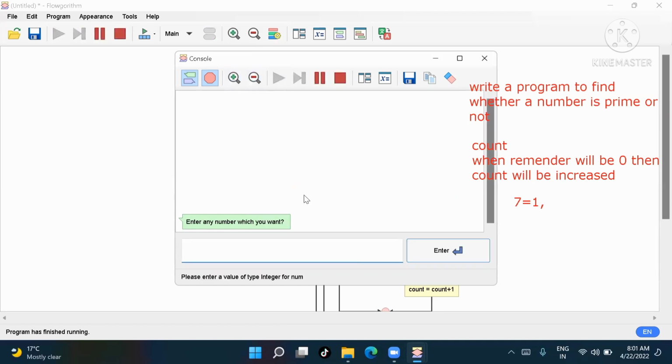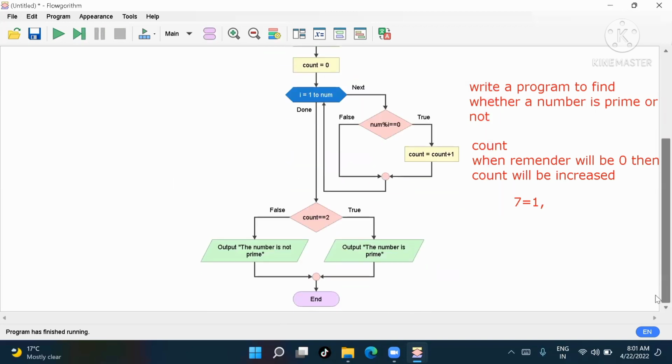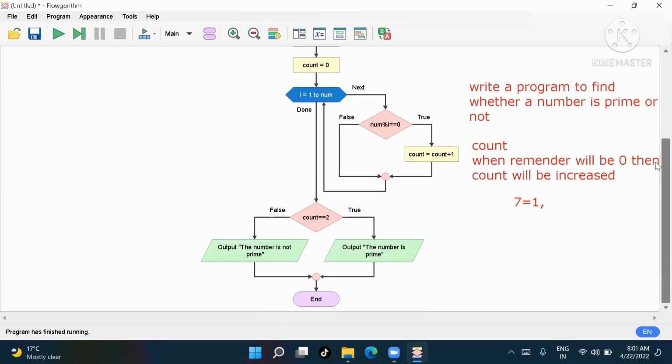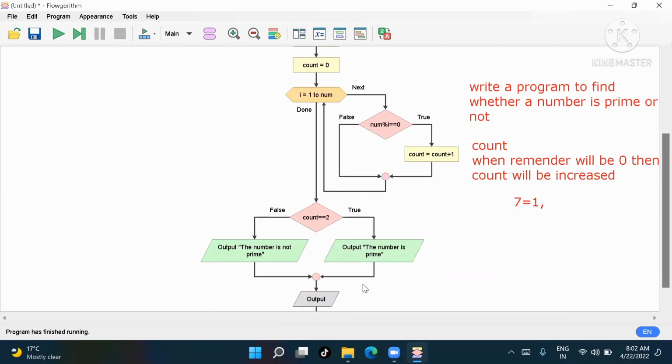You can check any number. 99 is also not prime. Okay, you can check any number as you want. Now, understood up to this much? How to check whether a number is prime or not?